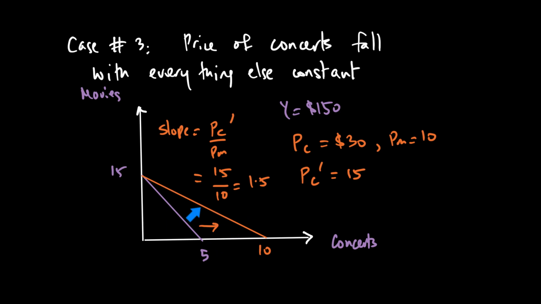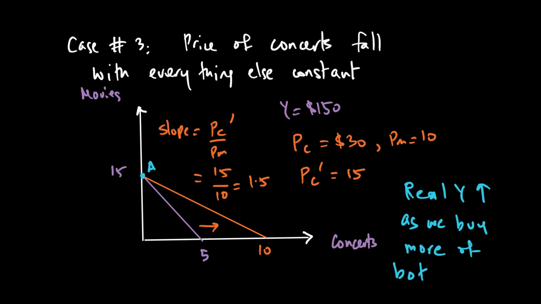Well, in this case also real income will go up because I can buy more of both goods, except for probably if I am at point A. At point A, if you don't really buy concerts, then a fall in the price of concerts will not change your real income. But otherwise, for all other combinations, our real income rises as we buy more of both goods.